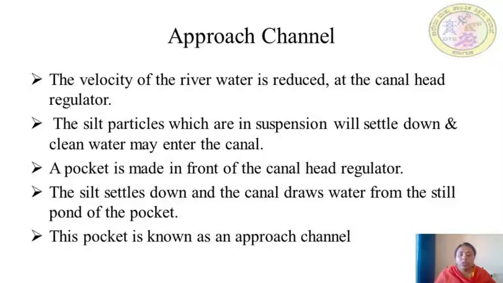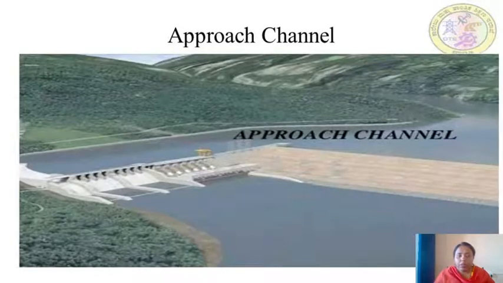And this approach channel is made with the help of a divide wall. I think you can see here, this is the approach channel which is provided across the river, and this approach channel is provided by the side of the divide wall.